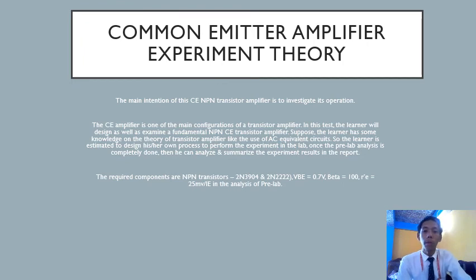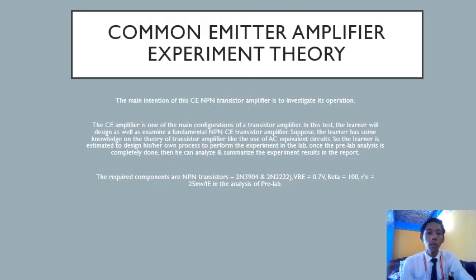Common emitter amplifier experiment theory. The main intention of the NPN transistor amplifier experiment is to investigate its operation. The CE amplifier is one of the main configurations of a transistor amplifier. In this test, the learner will design as well as examine a fundamental NPN CE transistor amplifier. Suppose the learner has some knowledge of the theory of transistor amplifiers, like the use of AC equivalent circuits.